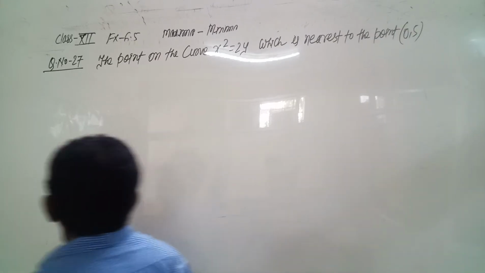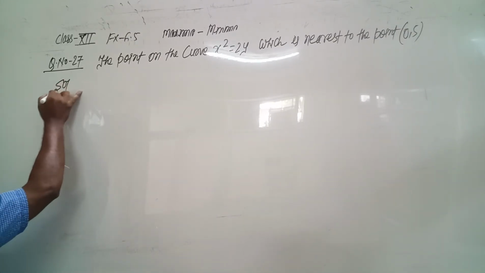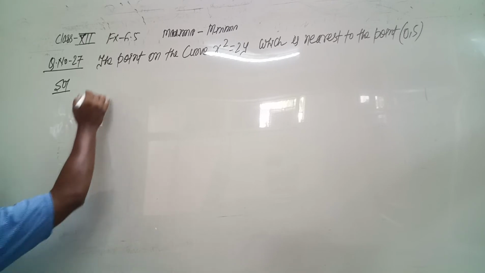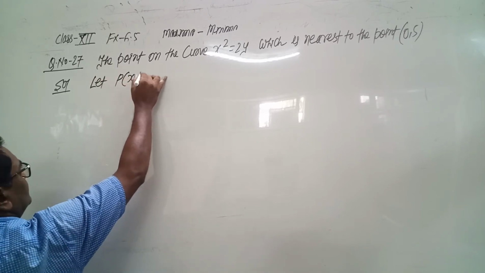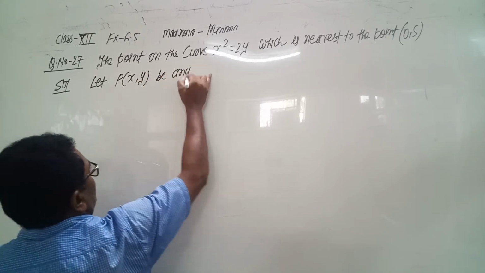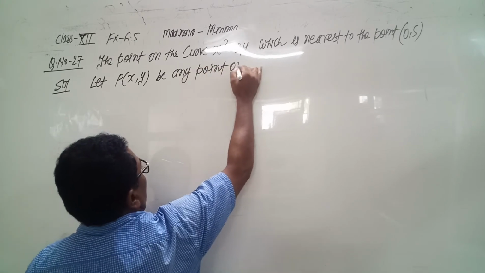We have to find a point on the curve x² equals 2y. The equation of the curve is given, and we have to find the point on the curve which is nearest to the given point 0, 5. So let P(x, y) be any point on the curve.